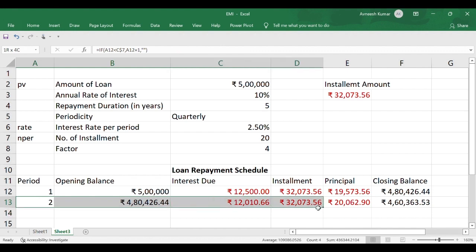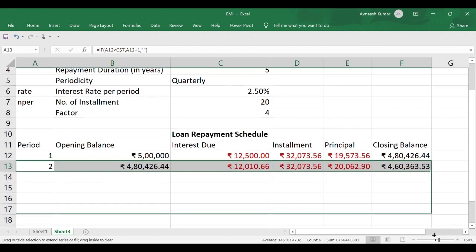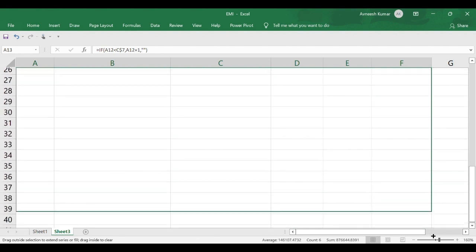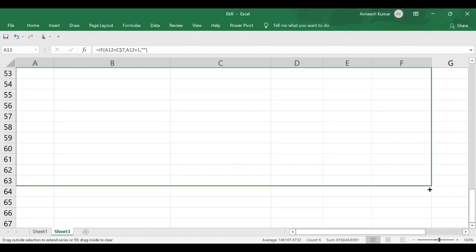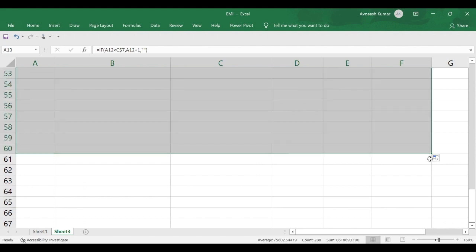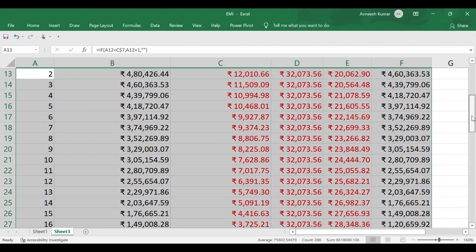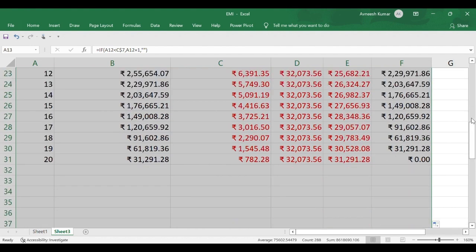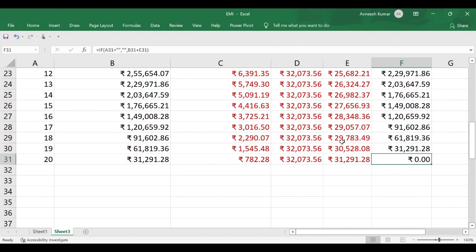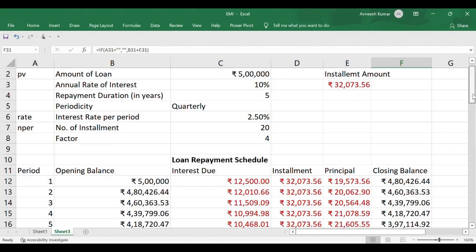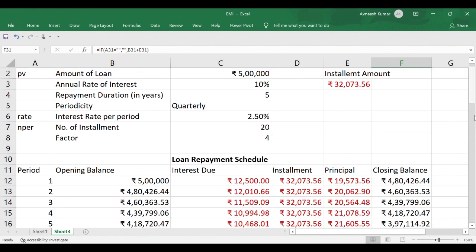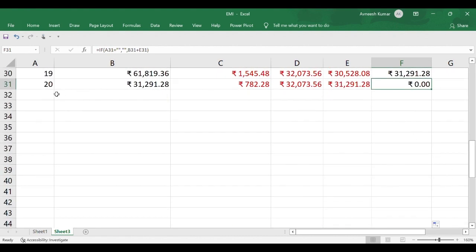We select this second row and then we drag it all and we go till here. Let's stop at 60 so far, and we can see that prima facie it seems that it is calculating the things well. As you can see here that total number of installments is 20, and at the end of this period this amount comes to equal to 0.